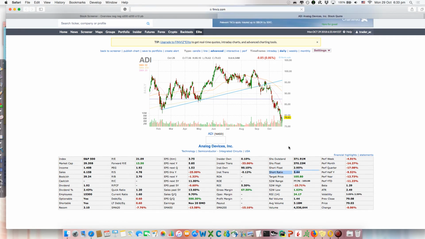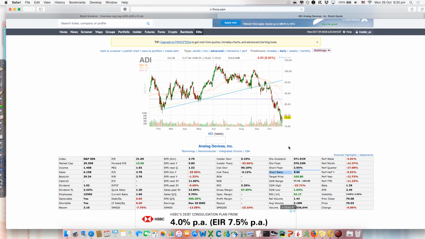What is the meaning of the short ratio? Basically, the short ratio is the ratio between the number of shares that are shorted and the average volume. Sometimes this value is called days to cover, meaning how many trading days you need to cover all the short positions. Why is that important?